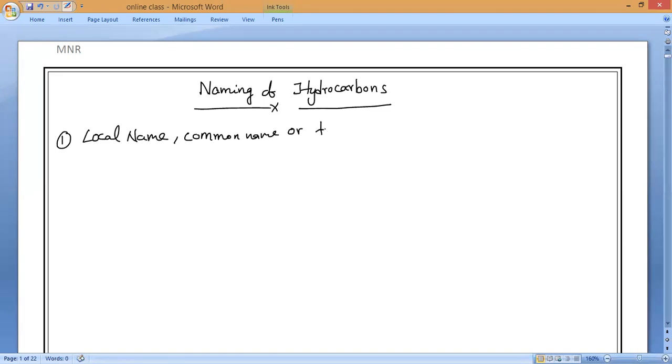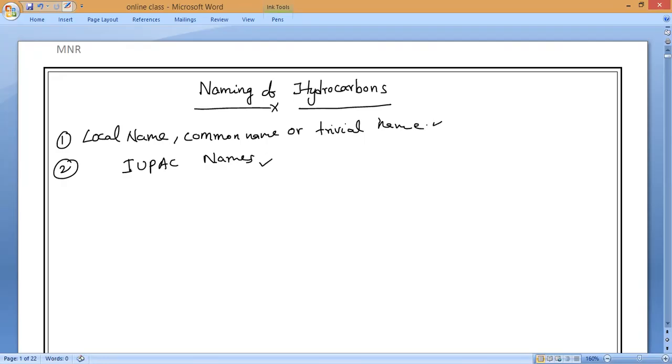All are the same name. And the second one is called the IUPAC name. This is what we call the scientific name.